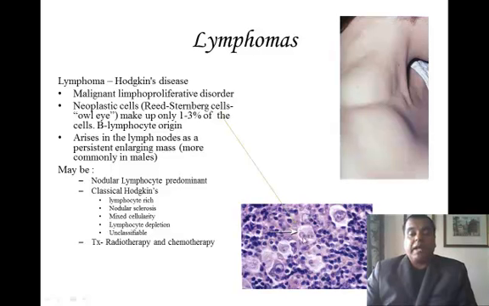And it could be due to a nodular lymphocyte classification, or classical Hodgkin's, which is lymphocyte-rich, nodular sclerosis, mixed cellularity, lymphocyte depletion, or unclassifiable. These are the different varieties that histopathologically can be distinguished, but from a clinical point of view, we know that radiotherapy and chemotherapy is required for management.